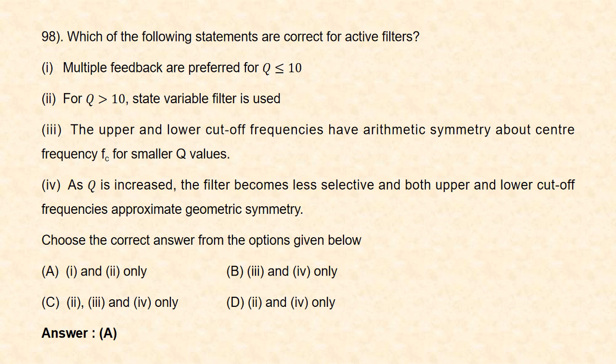The upper and lower cutoff frequencies have arithmetic symmetry about center frequency Fc for smaller Q values. This is a wrong statement. As quality factor is increased, the filter becomes more selective and both upper and lower cutoff frequencies approximate geometric symmetry. So this statement is also wrong. So option A is the correct answer.